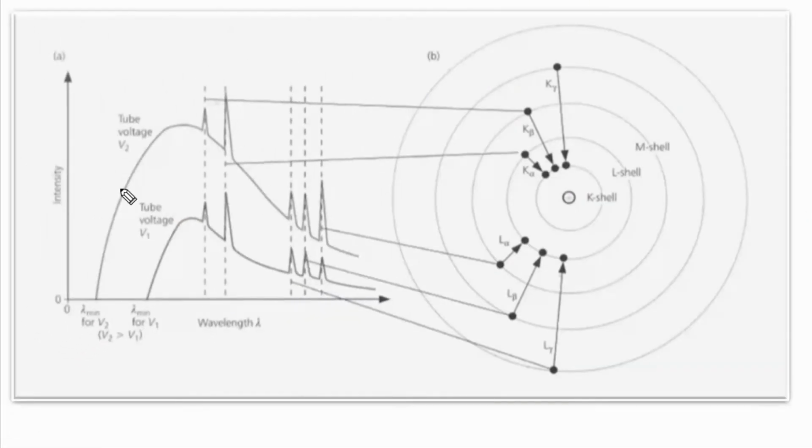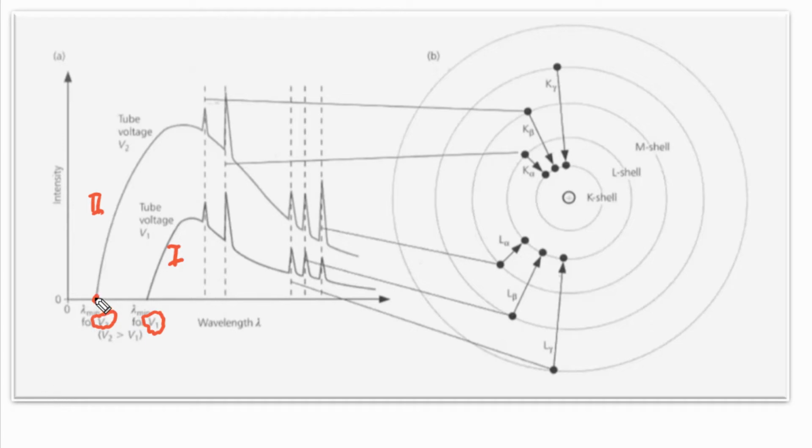Let's try to understand some more important points about production of X-rays. Curve 1 and this one is the second curve. This curve is produced, meaning these X-rays are produced, when we use voltage V1. Then this curve is produced when we use potential difference V2. In a question they can ask you which one is greater.